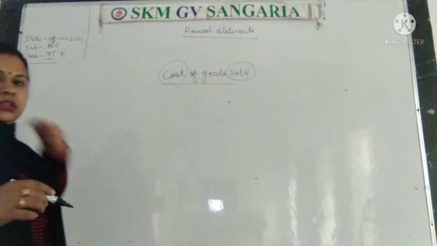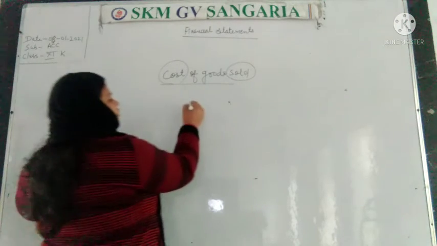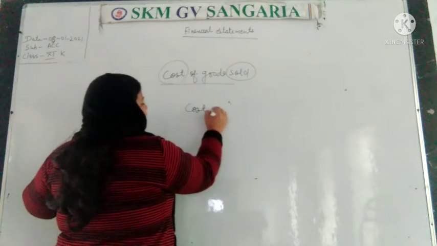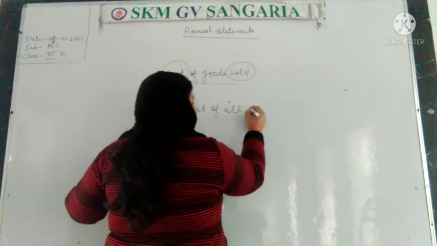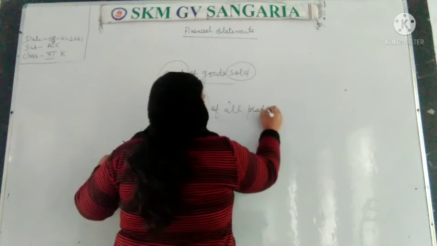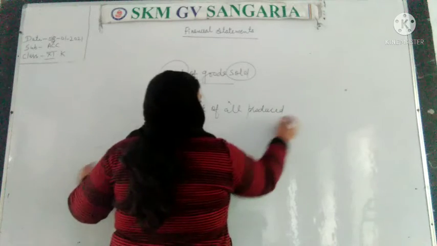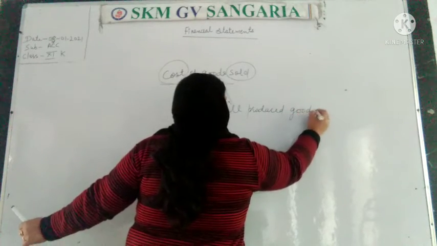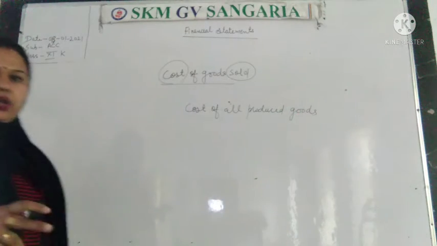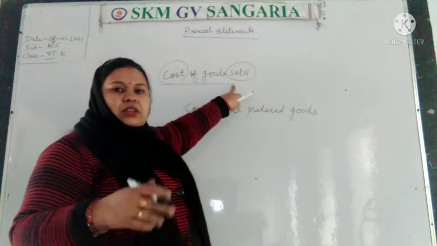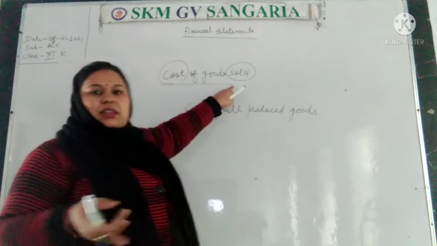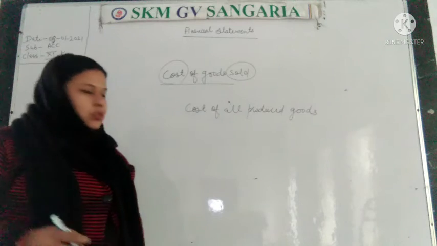It is not related to the cost of all produced goods. It is related to the cost of goods which are sold. Cost of goods sold means the cost of the goods which are sold. It doesn't mean that these are produced last year or this year.